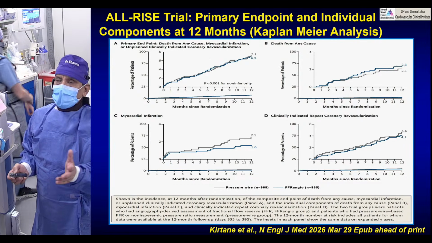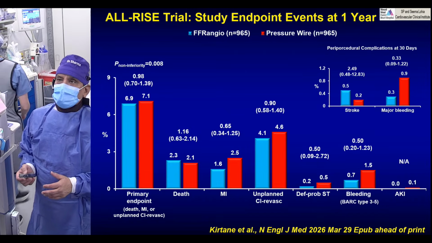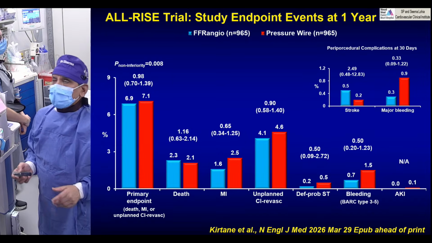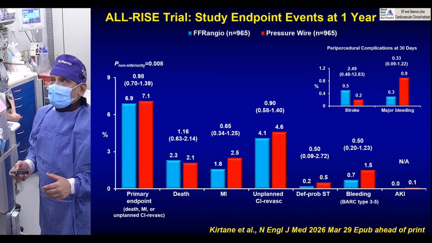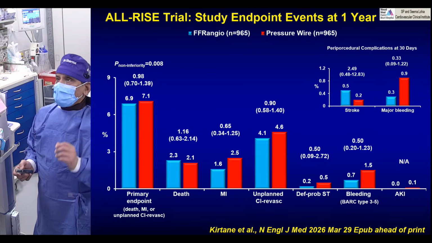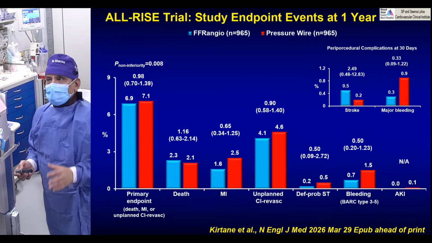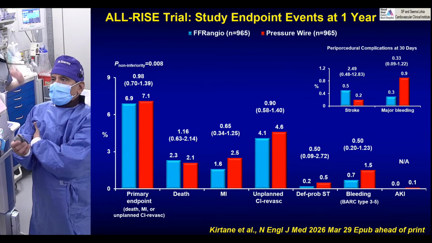The outcomes were exactly identical with various events as shown here, except major bleeding, and I don't understand exactly why numerically FFR angio had a major bleeding of 0.3% versus 0.9% in the pressure wire, but the rest of the points were all similar.